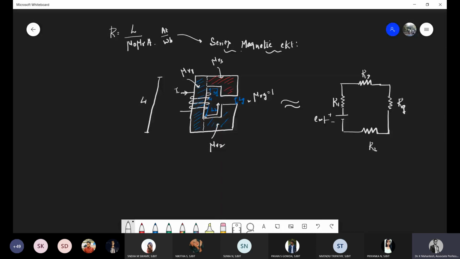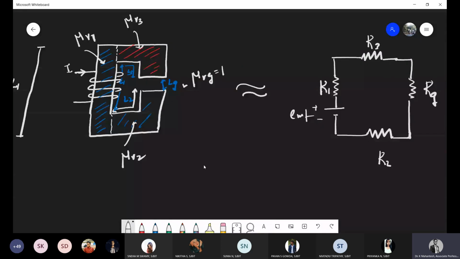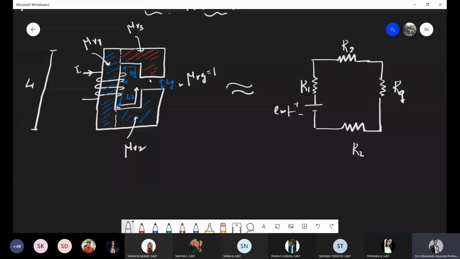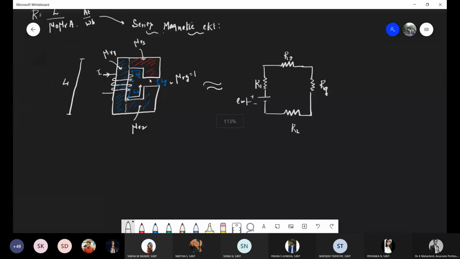If I blow up this image, you could see very clearly this is length L1, this is L2 and this is length L3. So L1, L2, L3 are the lengths of various magnetic materials used in the circuit.